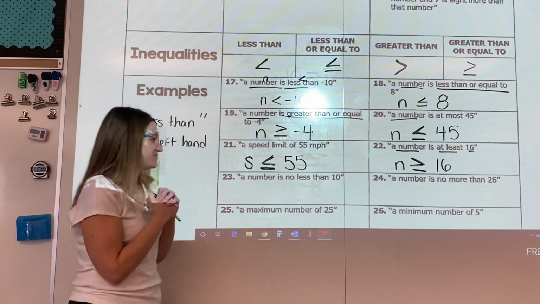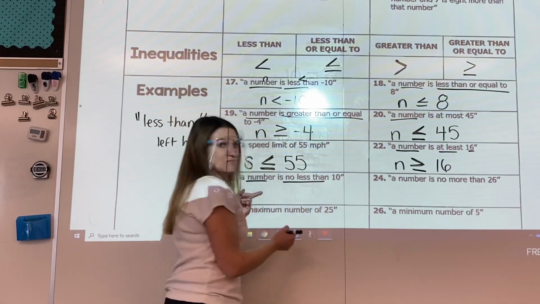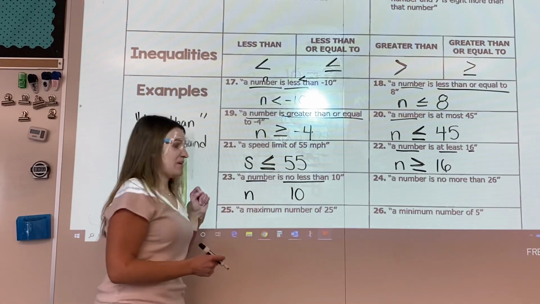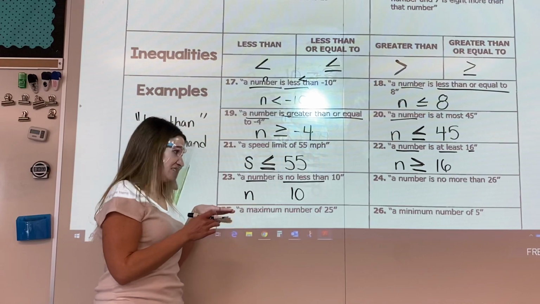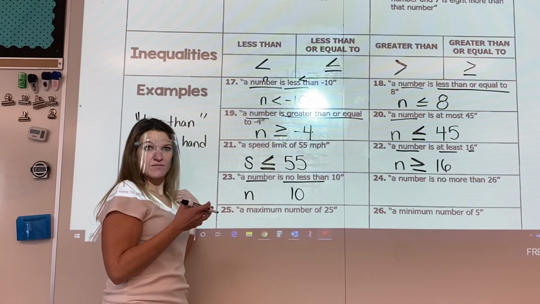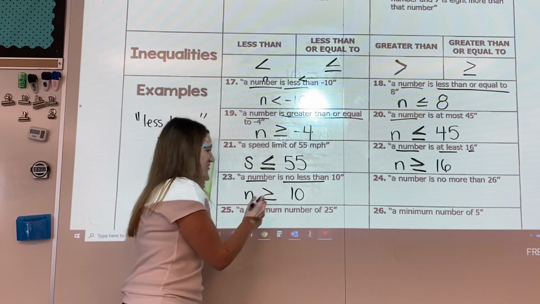Couple more. A number is no less than 10. Put our n here and our 10. It's not less than 10. Could it be 10? Yeah, but it has to be more. It has to be greater than or equal to.